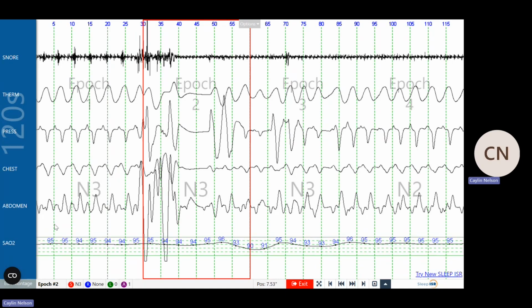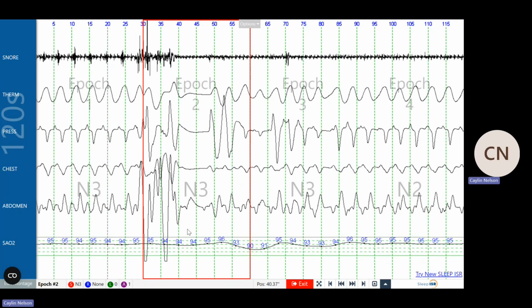We see that it peaks up at 96. If you look just behind the central apnea that happened between 40 and 50, you will see it immediately drops after. Starting between 50 and 60, there's a 6% desat.